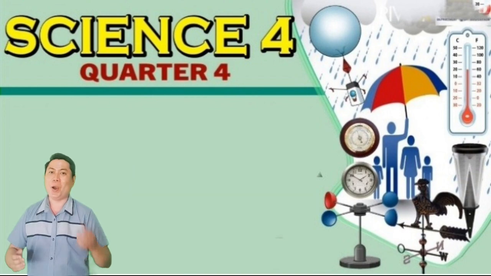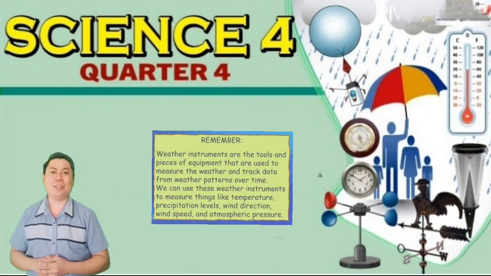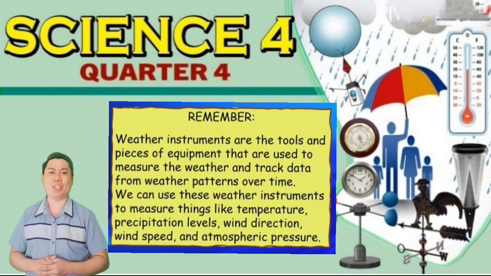Young scientists, always remember that weather instruments are the tools and pieces of equipment that are used to measure the weather and track data from weather patterns over time. We can use these weather instruments to measure things like temperature, precipitation levels, wind direction, wind speed, and atmospheric pressure.